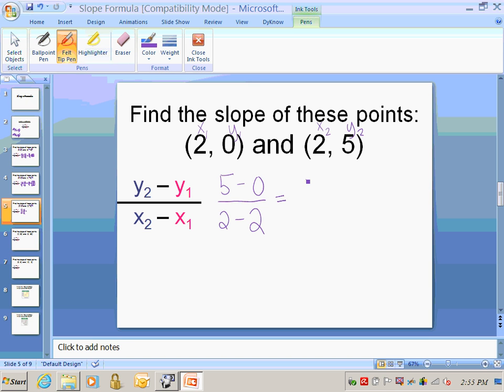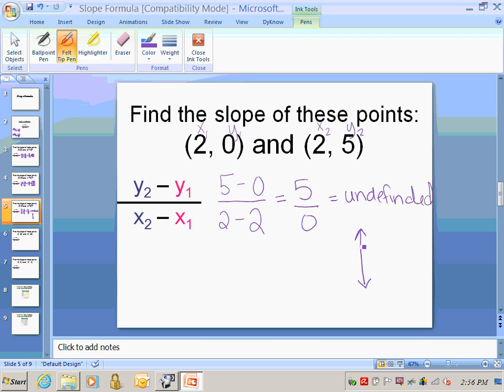That's going to give me 5 over 0. Any number over 0 is undefined. If 0 is on top, it's 0. If 0 is under, it's undefined. Remember, if it's under, it's undefined. And an undefined graph is a vertical line.